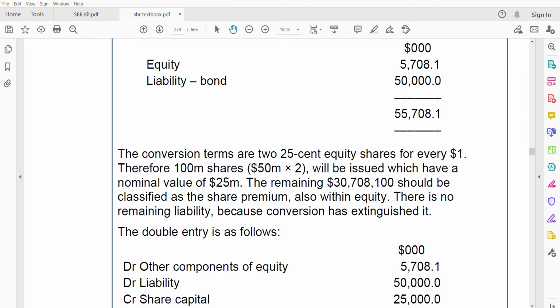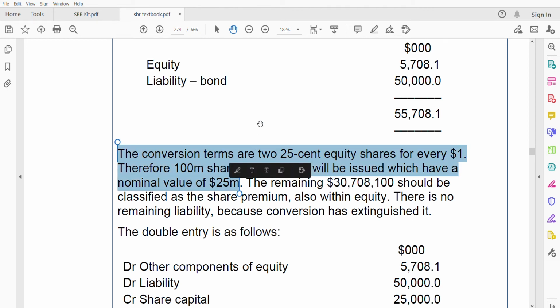Do you understand? Read this. The conversion terms are 2.25 equity shares. So 2.25 equity shares means you multiply 2 by 50.